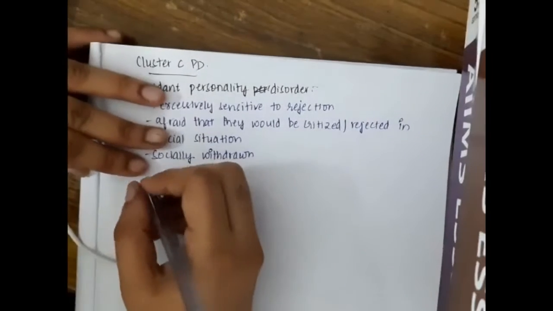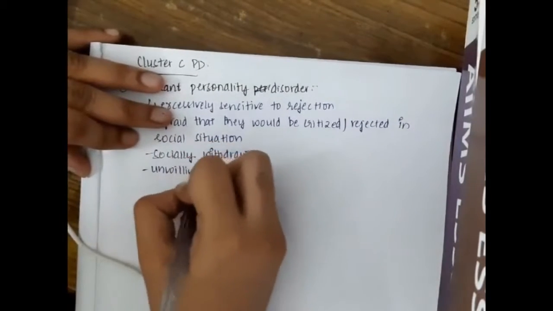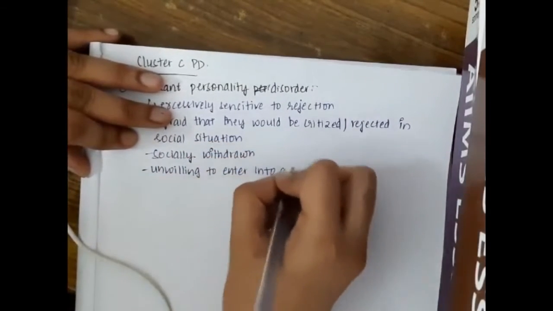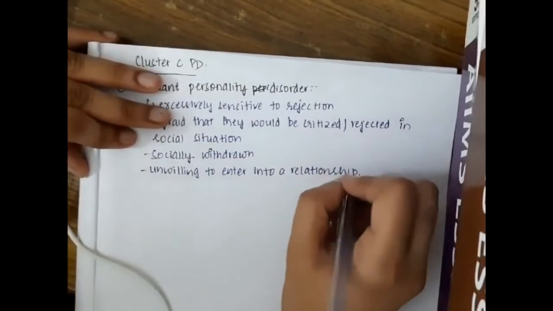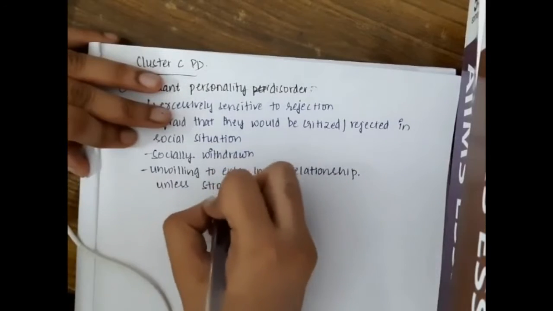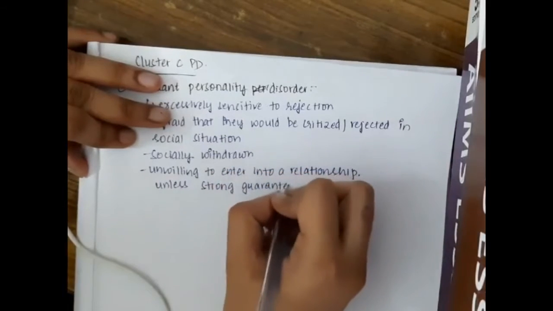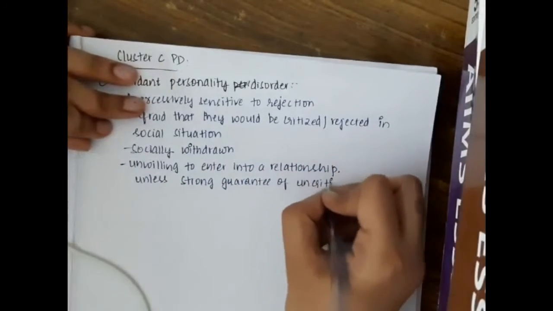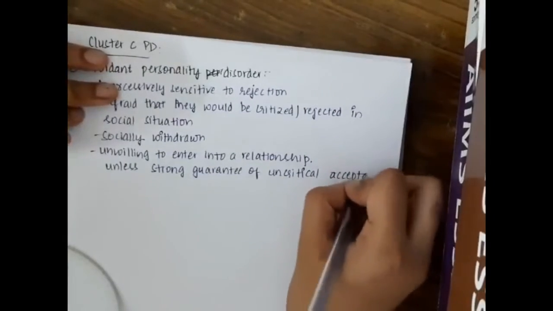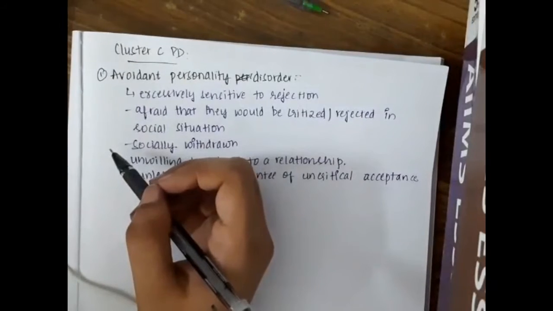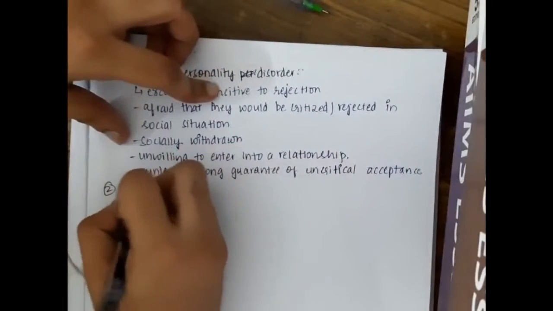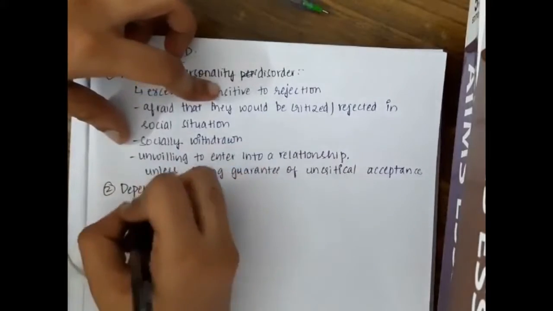They are unwilling to enter into a stable relationship unless a strong guarantee of uncritical acceptance is given. That is avoidant personality disorder, where they always fear rejection and criticism.